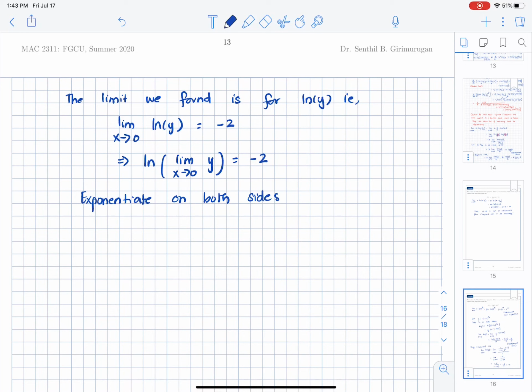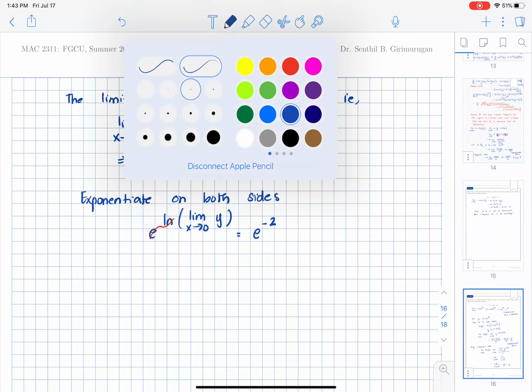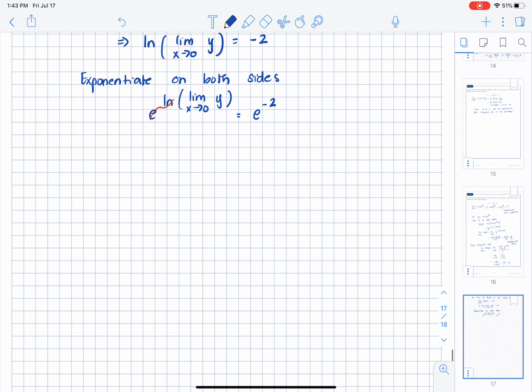Ln of the limit as x approaches 0 of y would equal e to the minus 2. Those two would go away. The limit as x approaches 0 of y would be 1 over e squared.